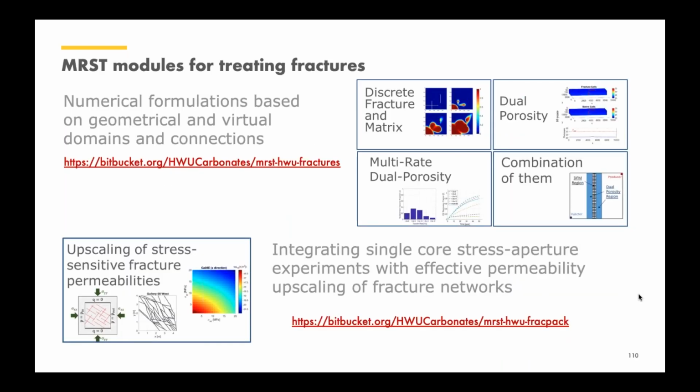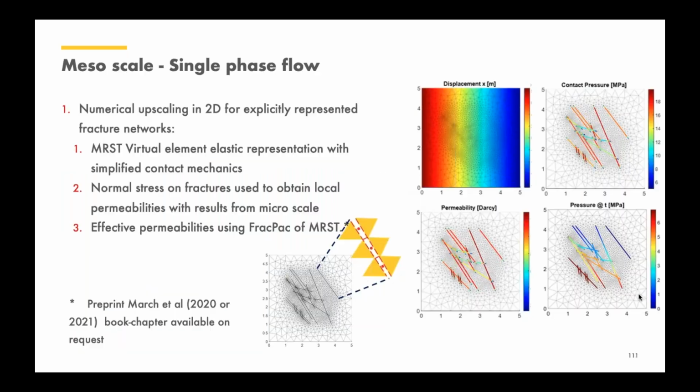In order to model the fracture network simulations, we developed modules for the MATLAB reservoir simulation toolbox, and I highly encourage you, this is all open source and freely available. Next slide. We then took the fracture networks from the Monterey underground laboratory to obtain upscaled permeabilities on these fracture networks.